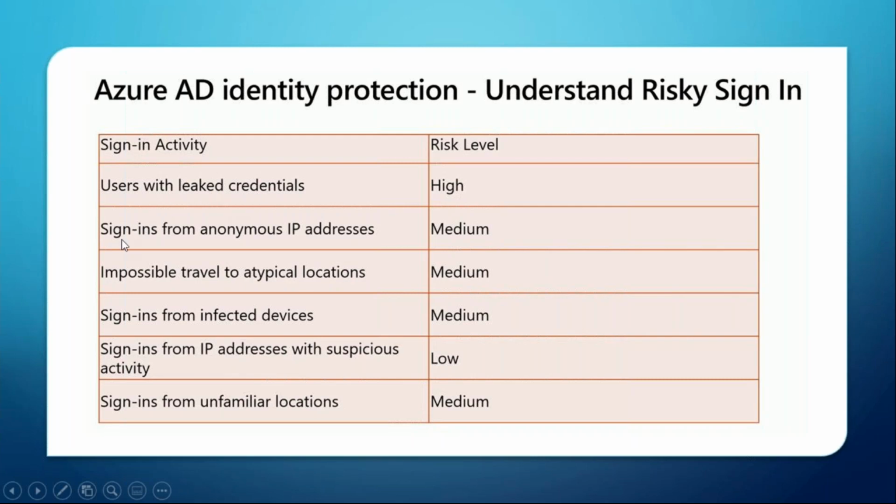The second thing would be sign-in from anonymous IP addresses. This is medium risk if the IP addresses are missing or different, miscommunication is going on, and you're not providing the right IP addresses. Sometimes you're not providing good naming conventions and IP addresses: what is the subnet IP address, what is the gateway IP address, what is the IP address of your virtual machines.